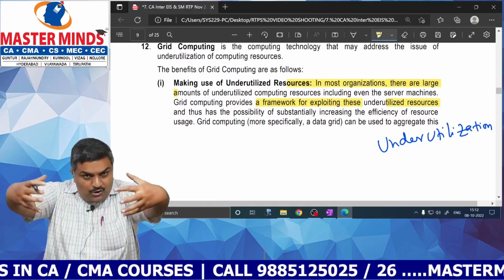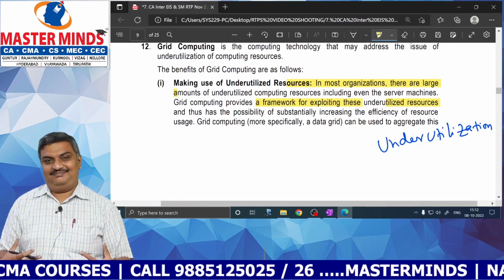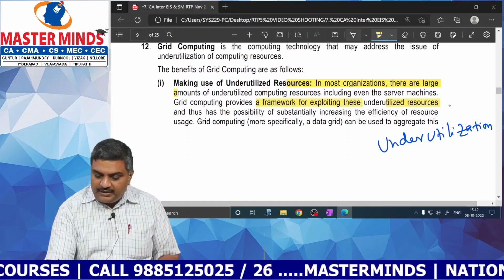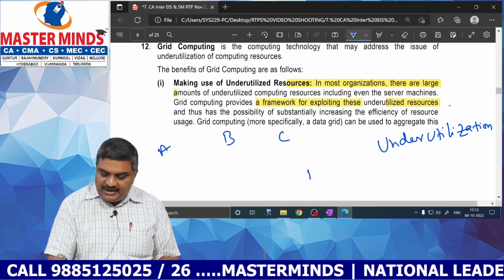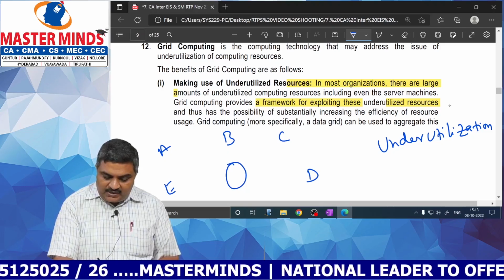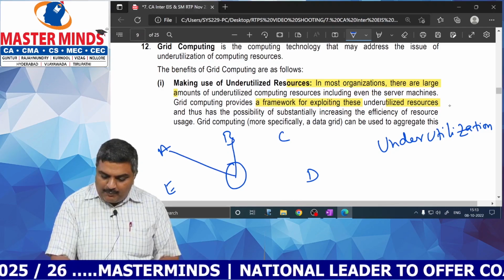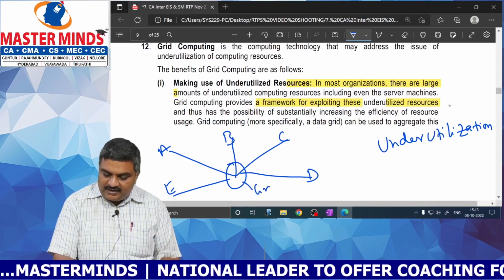You collect all those wasted things and collect them at one place. That is called a grid. Okay. You collect from different locations. Say there are different locations like A, B, C, D, E. So at location A, something is wasted, get it here, get it from B, get it from C, D, E. And this is what the grid is here.